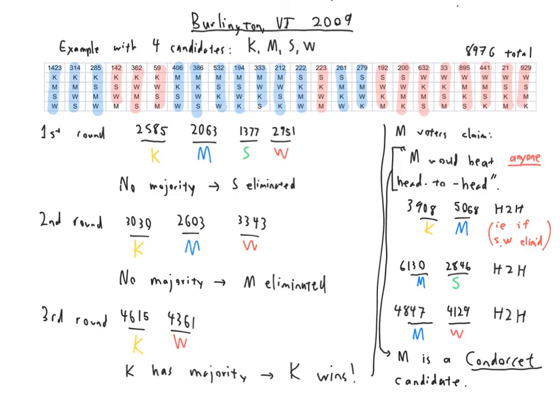Condorcet made the argument that for a voting system to be considered fair, the Condorcet candidate would always have to win. And we can see here that even though M was the Condorcet candidate, even though M beat everyone head-to-head, the plurality with elimination voting system did not put M as the winner.